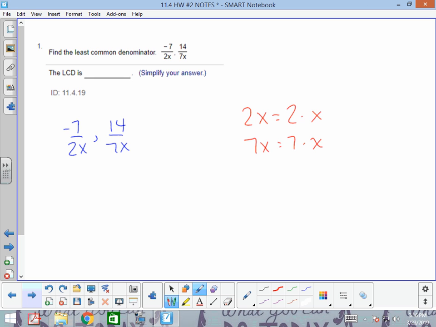They have an x in common. They don't have in common the 2 and the 7. So we multiply what they have in common times what they don't have in common. So the LCD for this problem is 14x. It's the lowest common denominator, or least common denominator.